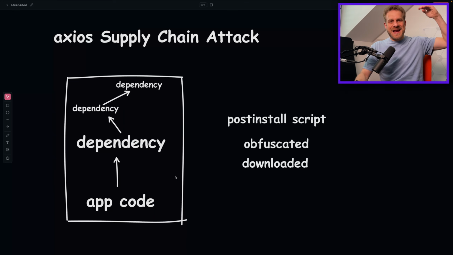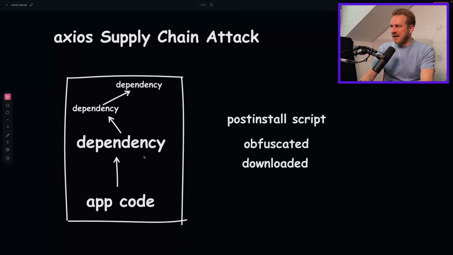So you have that dependency chain, and the attack targets this dependency chain, so it happens upstream from your code.